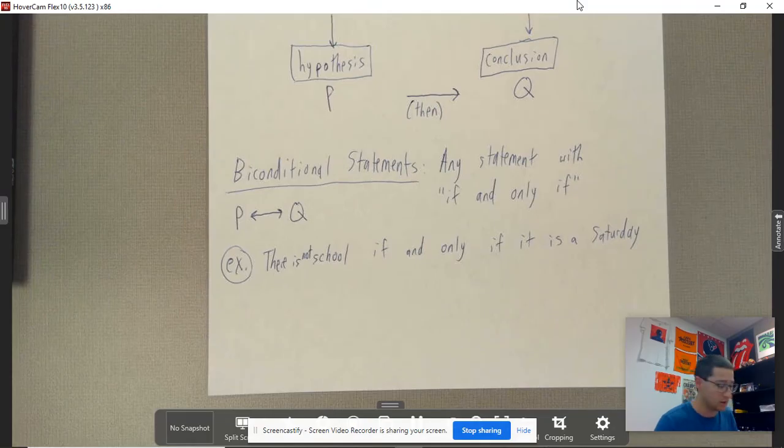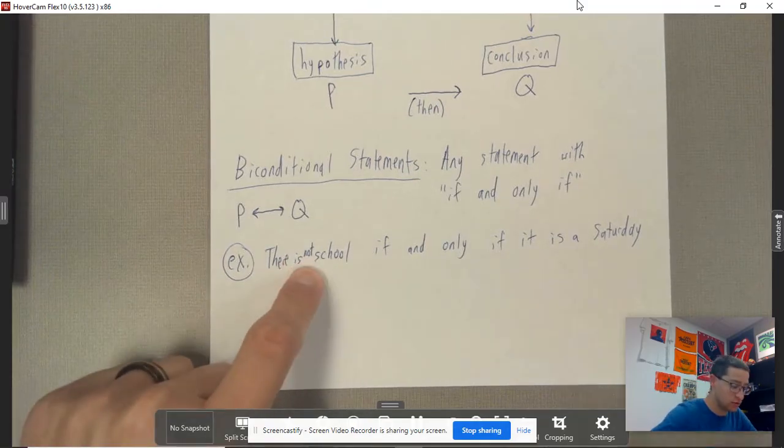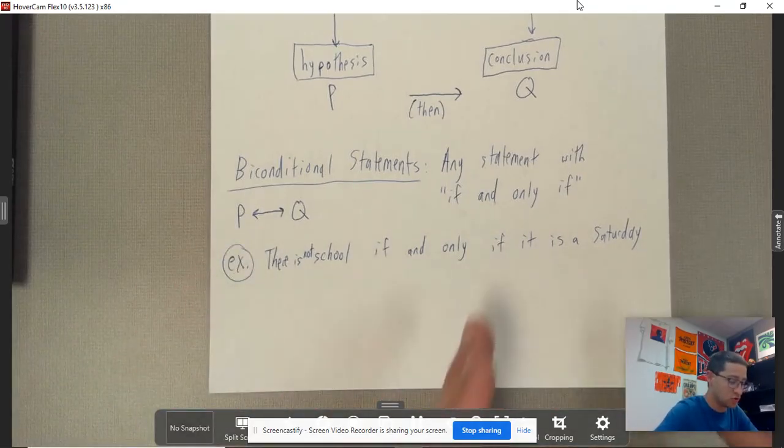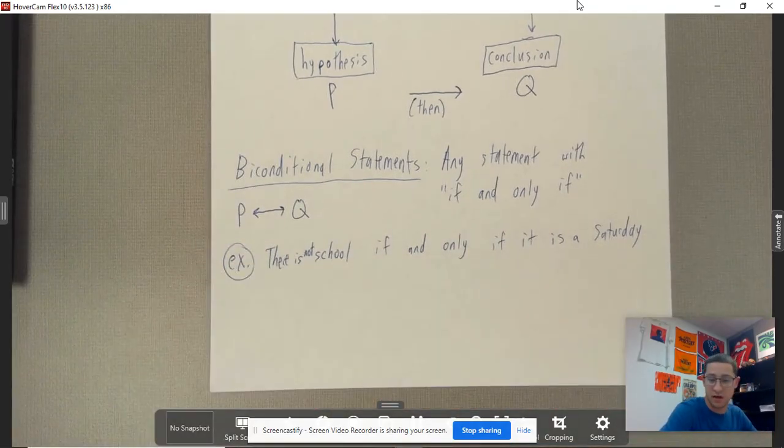It essentially means if this, then this, but also if this, then this. In order for it to be true, it has to be true both ways. Like I said, this is a false statement, because it could be a Sunday that you don't have school.